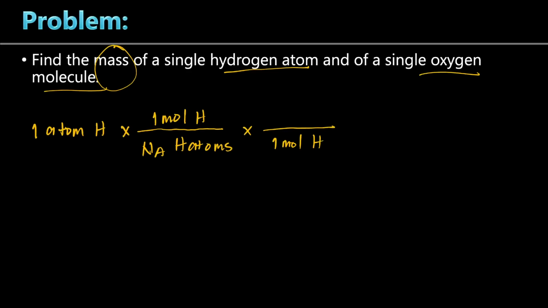Pero gawin natin mas eksakto, 1.008 grams. Ayan. Okay. So dito, magkakaroon ng cancellation yung number of moles. At ang matitirang unit is grams, which is yung hinahanap na mass dito. Okay? So kapag yan ay ating kinompute sa calcu, ang makukuha nating sagot ay 1.67 times 10 to the negative 24 grams.